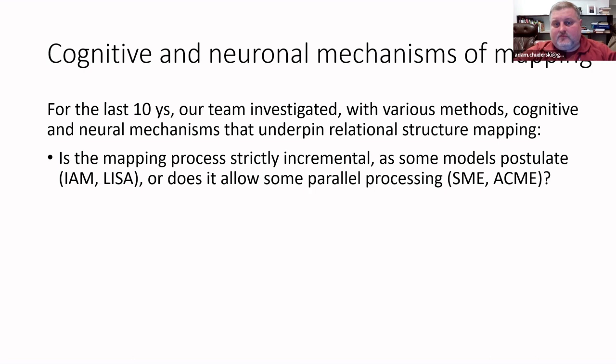After research in the 80s and 90s on structure mapping, I think some other aspects of analogy became more popular, like perceptual aspects of analogy, semantic ones, pragmatic, but in a way we return to these original ideas, but try to research them with new methods that are available now.